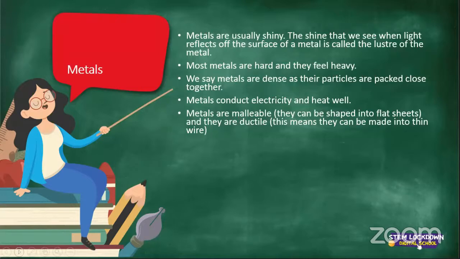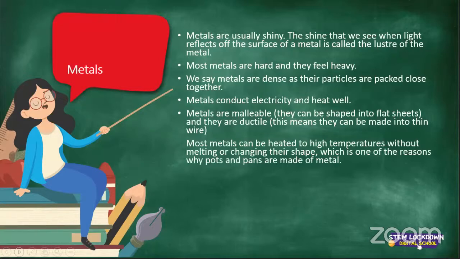If you touch the wire, you would not get electrocuted or burnt. So this is why they make metals into flat sheets. We say that they are malleable and they're also ductile.